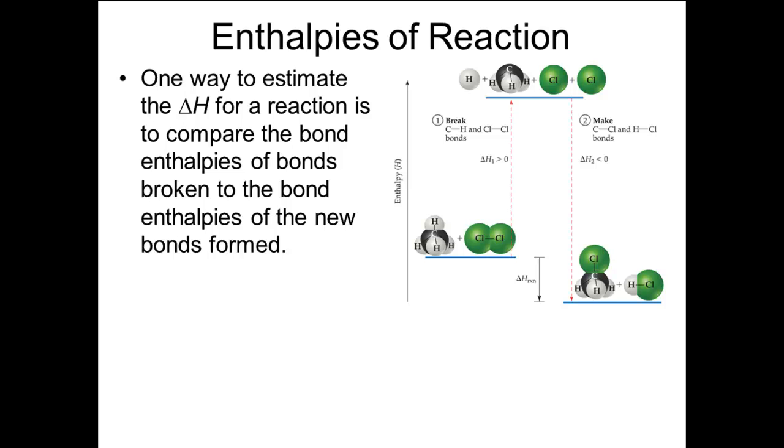Then we would have gotten back the energy of each bond in the products when we made the new bonds. So, in principle, the change in the energy, that is, the reaction energy or enthalpy, could be found by adding up the energies of the bonds in the reactants and subtracting the energies of the bonds in the products.